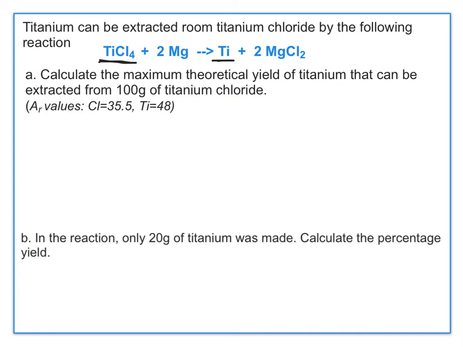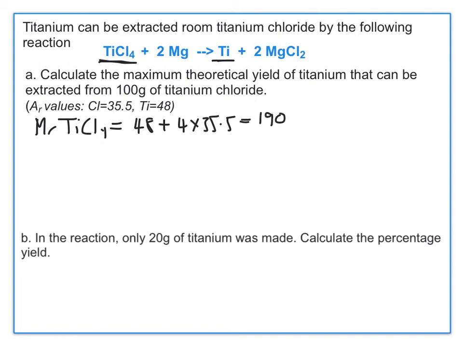So first stage, same as before, I'm going to need the MR value for what I'm starting with, the titanium chloride. So MR of titanium chloride is going to be 1 times 48 plus 4 times 35.5, which gives us 190.